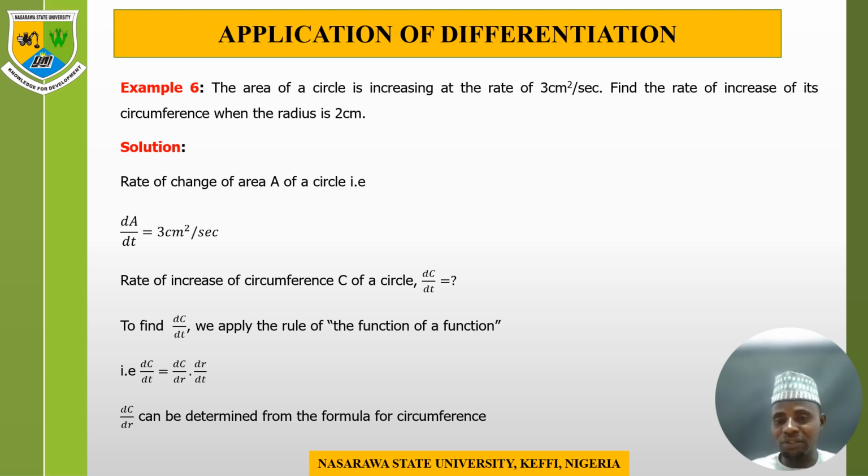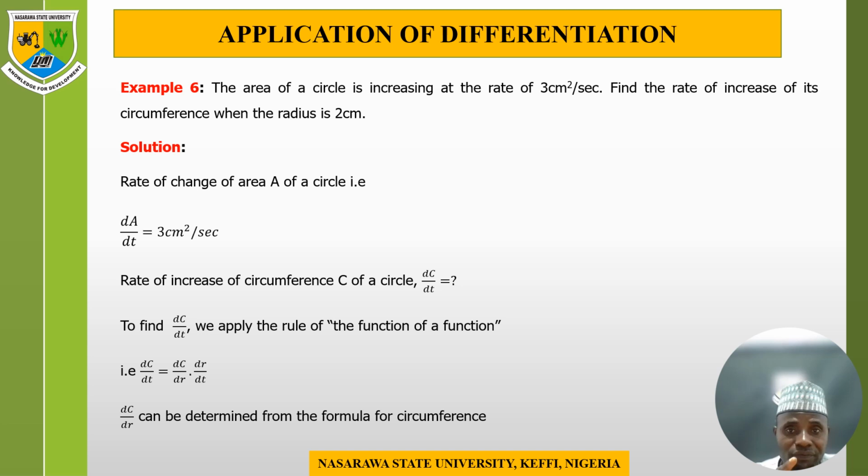The circumference will increase when the radius is also increased. So it's the rate of change. So this one is a function of a function. Now let's see. The rate of change of area A of a circle, that is dA over dt, is equal to 3 centimeters squared per second.